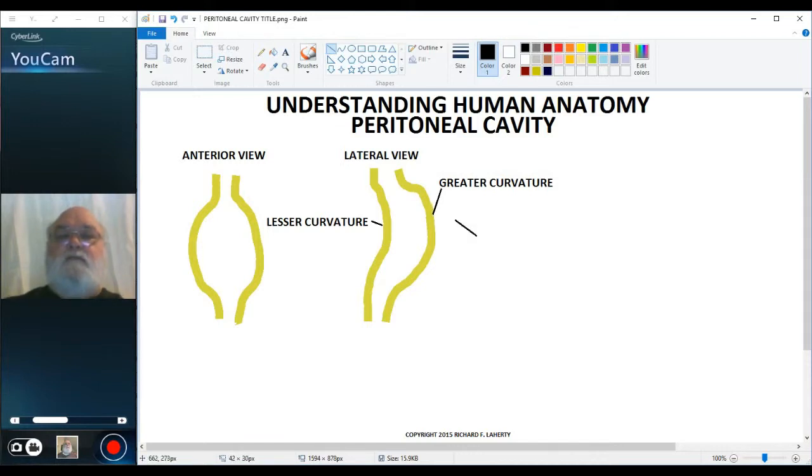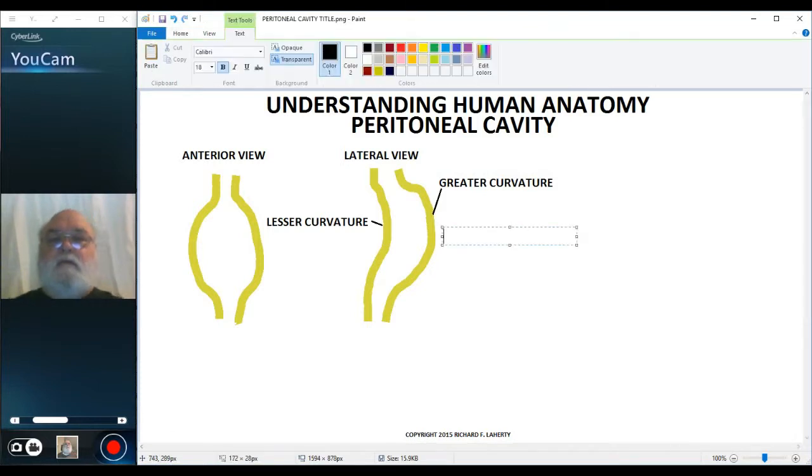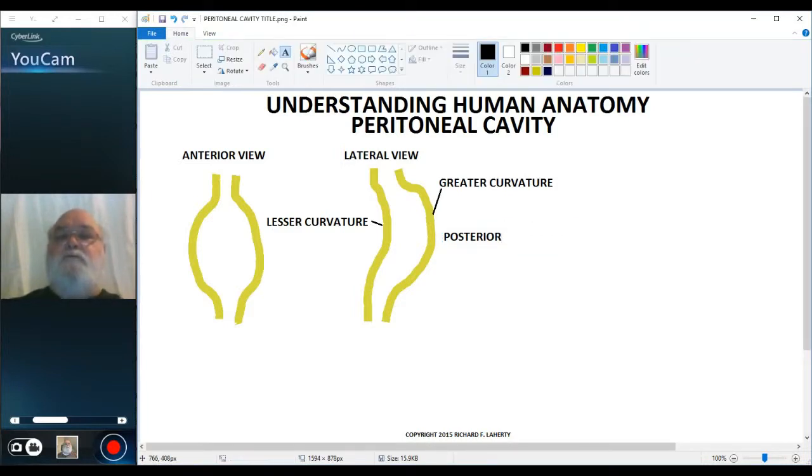And again, this is posterior. Now the stomach is going to turn in two directions at the same time. It's going to go from this vertical position to a horizontal position.